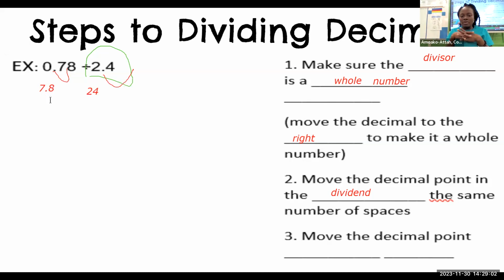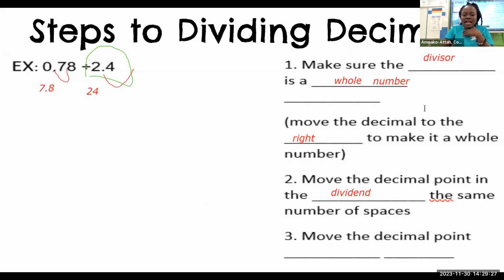That is so perfect. Then, we just said we have just 3 steps. One, make sure the divisor is a whole number. You know what a divisor is. How do you make it a whole number? Move the decimal point to the right. How many digits do we have after the decimal point? Then you move the decimal point in the dividend the same number of steps.